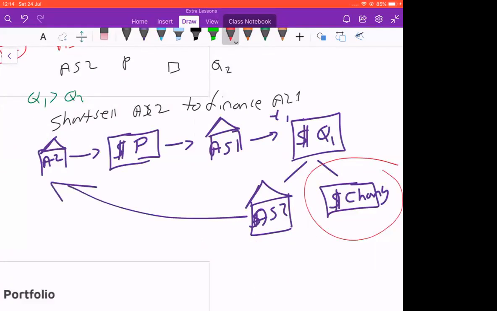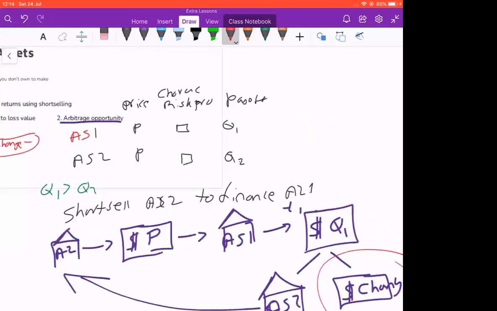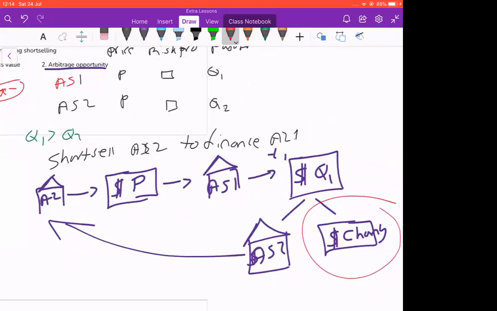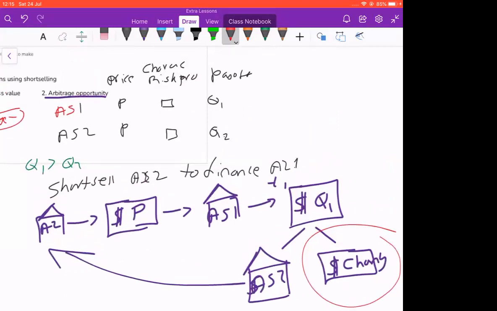Normally when they use short selling in this chapter, so in chapter 7, 8, or 9, this is how you take advantage of your arbitrage opportunity. Of course, there can be multiple ways you can take advantage of it. It's when the prices are different, but they have the same characteristics and risk profile, and the payoffs are the same.